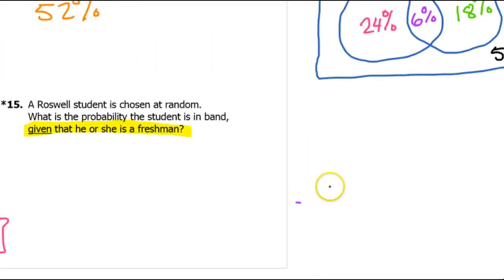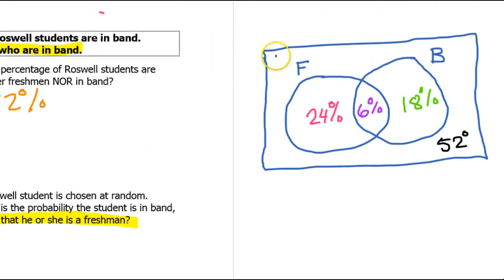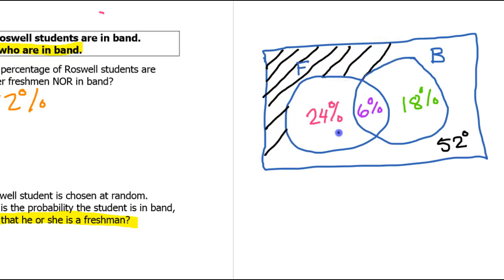So that means we should cross out everything that is not freshman, because we're talking about a freshman. So I'm just crossing out the rest of the universe. The universe is canceled.